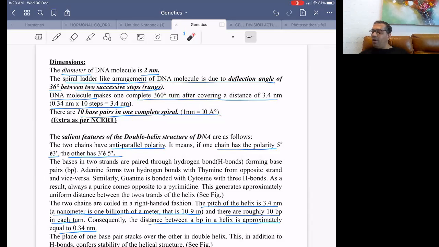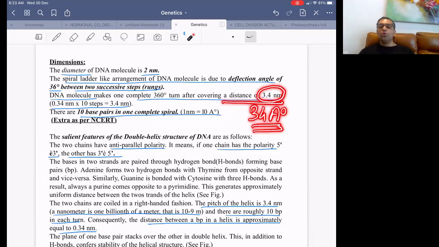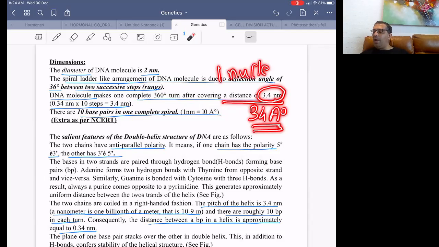And they cover a distance of 3.4 nanometers, or in other words, 34 angstrom units. So we did that already. How many angstrom units? 34 angstrom. It is given in nanometers in NCERT. So how much is it? 3.4 nanometer. And one nucleotide will be how much?